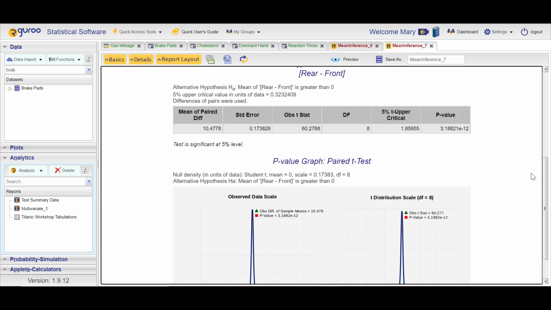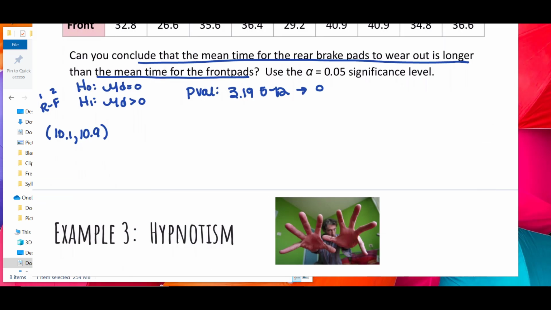So that's very, very small. Rather than move the decimal all of those places to the left, I'm just going to say that's around 0, if we round that to 0. So that is definitely less than 0.05, so we're going to reject the null.